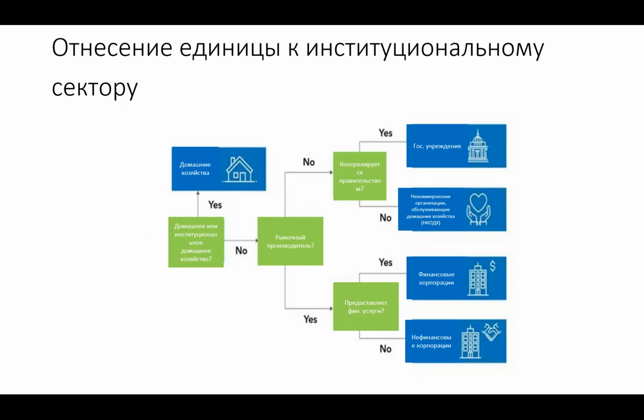If no, is it controlled by government? If yes, it's a general government. If no, it is a non-profit institution serving households. Is it a market producer? If yes, does it produce financial services? If the answer is yes, financial corporation, and if the answer is no, it is non-financial corporations.